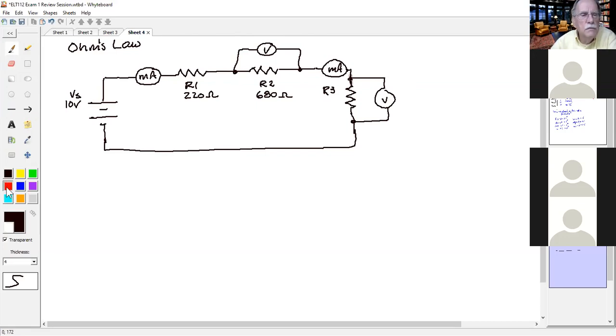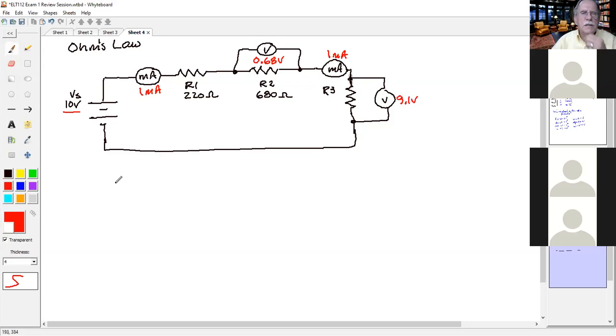And let's say this milliammeter read 1 milliamp. This voltmeter read 0.68 volts. This milliammeter read 1 milliamp, and this one read 9.1 volts. And this, of course, is 10 volts.